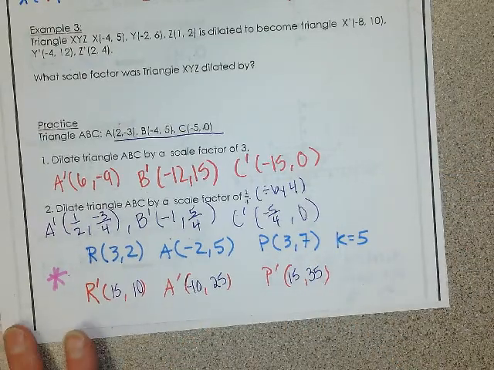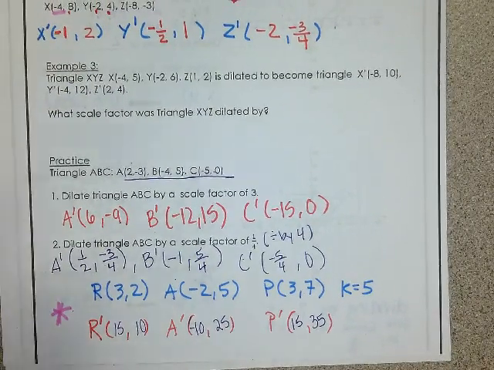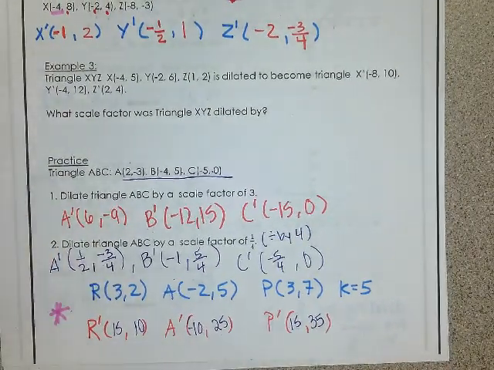Okay. So let's look at example 3 up here. When we use the scale factor, we multiply, right? So how do you think we'll try to find the scale factor? We have to go backwards. When we use it, we multiply.